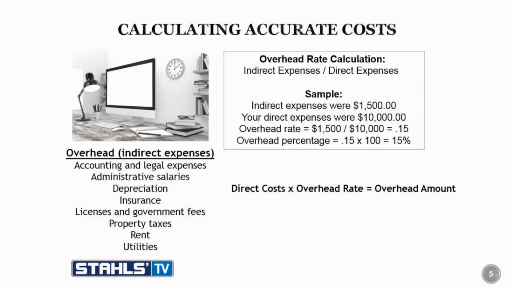So if our lease is $500, and our sales expense and salaries over the course of a month are maybe $1,000, you start to add up all of these components that make up overhead, and that is your indirect expenses for that monthly period. So we put a placeholder number in the sample that says indirect expenses for this particular company were $1,500. Probably a little on the low side, but this is just to do the math.